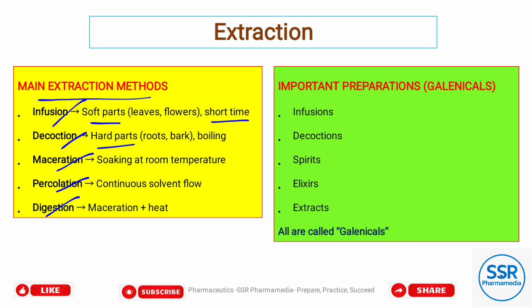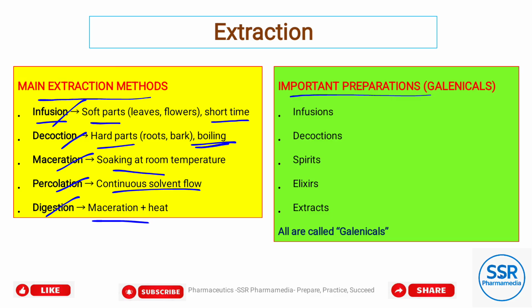Decoction is for the hard parts and uses boiling water; decoction is boiled, while infusion should not be boiled. Maceration is soaking at room temperature. Percolation is a continuous solvent flow. Digestion means maceration with the application of heat.